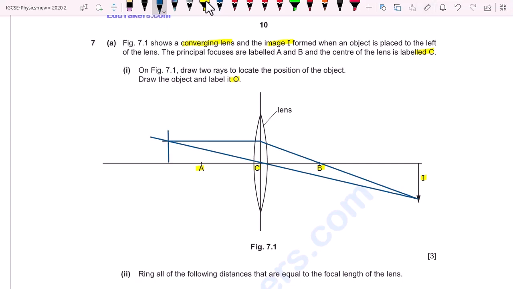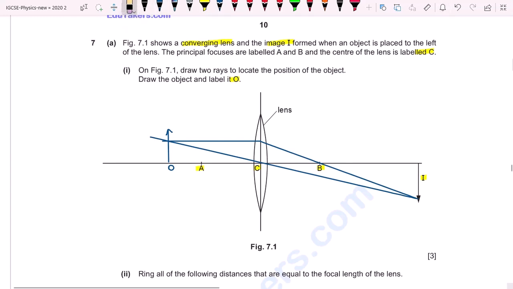And this is the object. We have to label it with O. So you can see that this lens forms the image at point I when the object is placed at O.